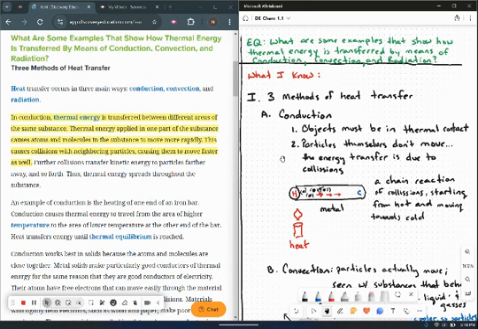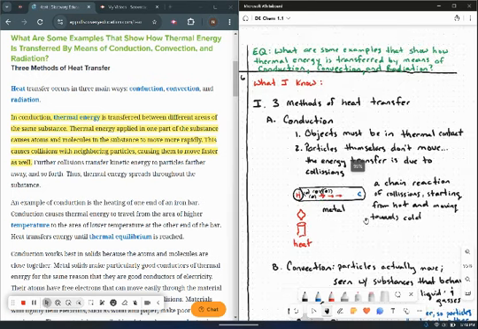And that's how the thermal energy travels, from areas of high temperature to areas of low temperature. So in this case, with our heat here on the left, heating up the bar, it gets hot over here. The particles start to vibrate, and that energy is transferred down the metal bar.